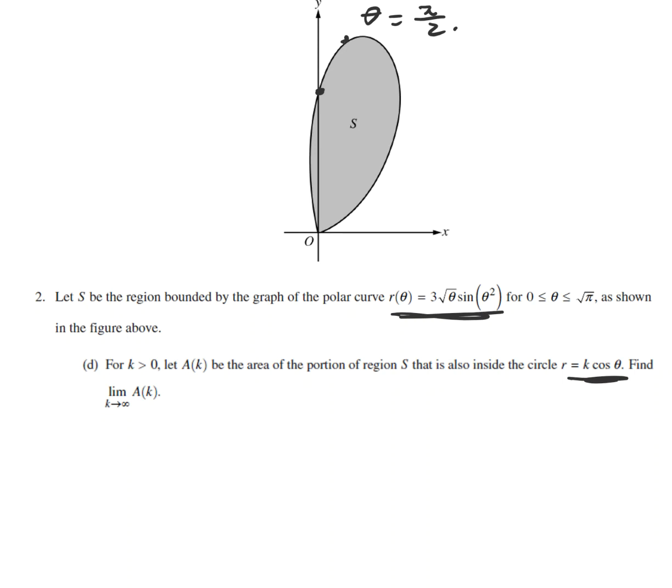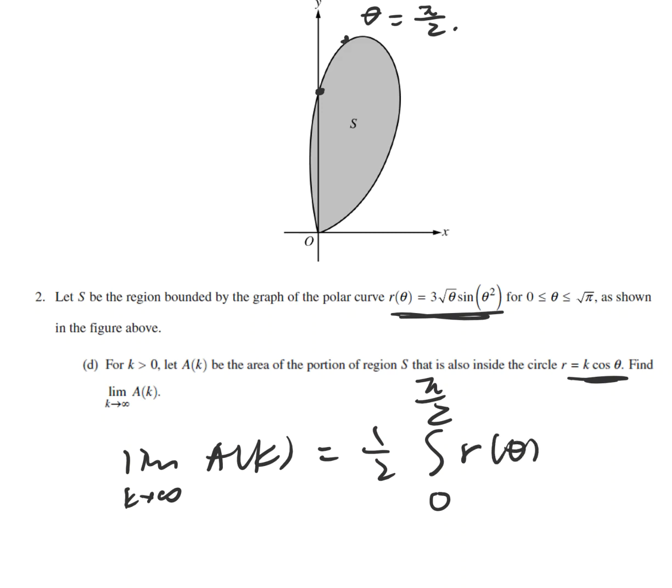So the limit as k goes to infinity of A of k equals 1/2 the integral from 0 to pi half of r of theta all squared d theta. If we calculate that, we'll get a number equal to 3.324.